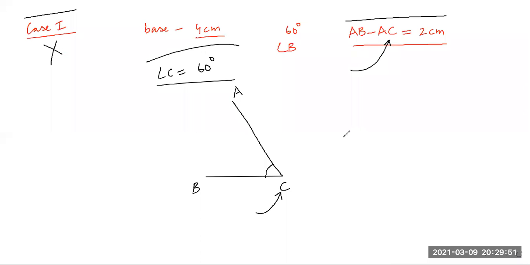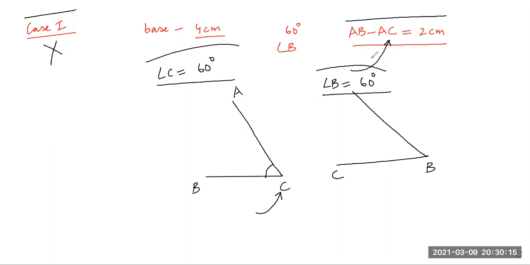But it may be given like this, that angle B is 60 degree, and some students say, sir, I want to draw this triangle from the right side. Oh, no problem. Then just draw like this, CB, then draw the base angle 60 degree. Angle B is 60 degree and AB minus AC is 2 centimeter.